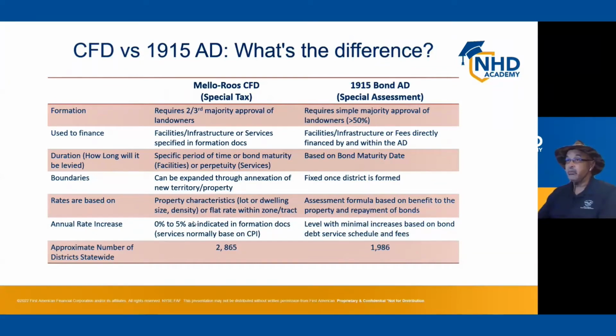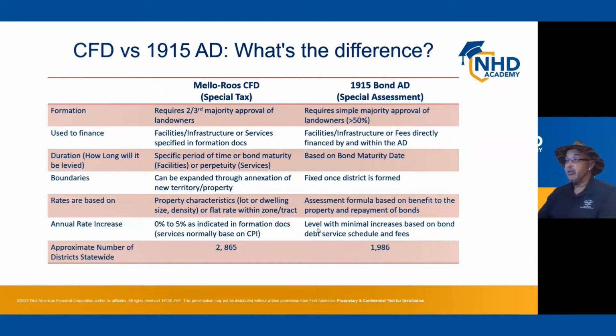Annual rate increases, Mello-Roos, anywhere from 0 to 5%, as indicated in the formation document. However, if the increase is tied to an index, such as the Consumer Price Index or Construction Cost Index, the annual increase may exceed 5%.